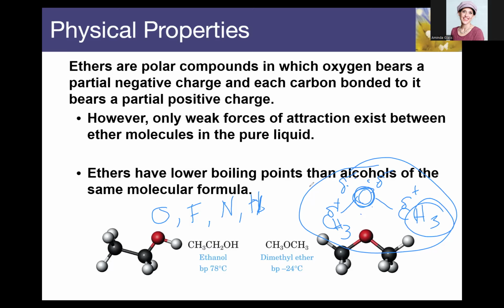So you don't have that capability. You're only going to have those London dispersion forces. Ethers have low boiling points as a result, because alcohols have the ability to hydrogen bond. Ethers do not because there are no polar hydrogens there.